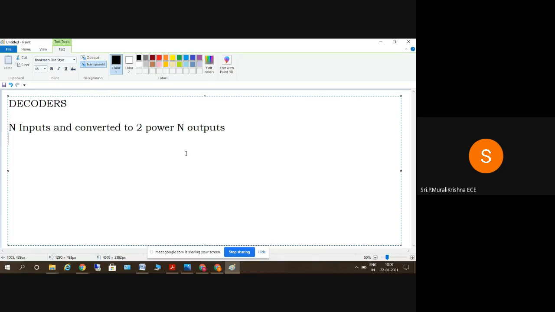Generally, 2 power n outputs is the maximum number of outputs that will be generated by the decoder, but fewer than 2 power n is also possible. So a decoder is a combination circuit which accepts n inputs and converts them into 2 power n coded outputs.